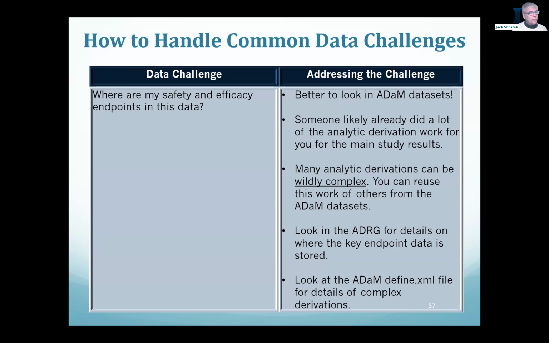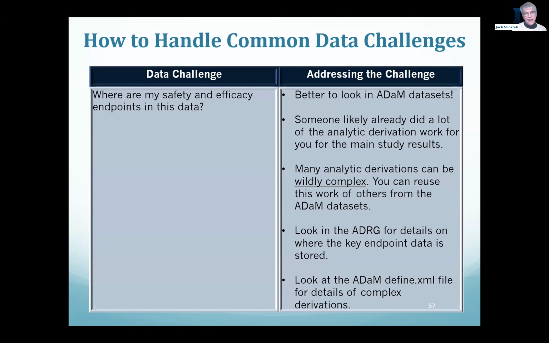So, for example, if your primary endpoint is, I don't know, maybe you're working on a pain study and there's a pain questionnaire, you need to know that that pain questionnaire is where the key efficacy data is stored. Then you need to know that it's a questionnaire, so it's stored in the QS domain in the SDTM.